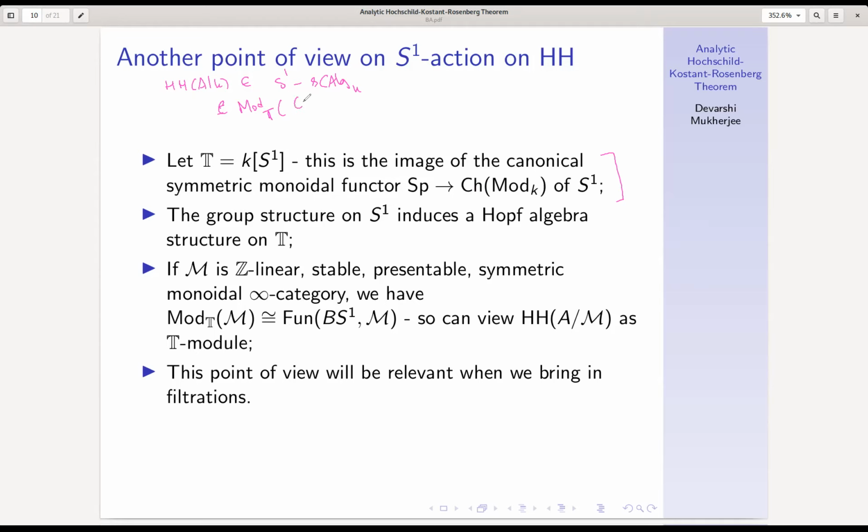Well, let me just take chain complexes of K modules for now. So this thing will change in a very crucial way, but it is still sitting inside simplicial modules, though it will change shortly. Okay, and as I said, this point of view is relevant when we bring in filtrations.